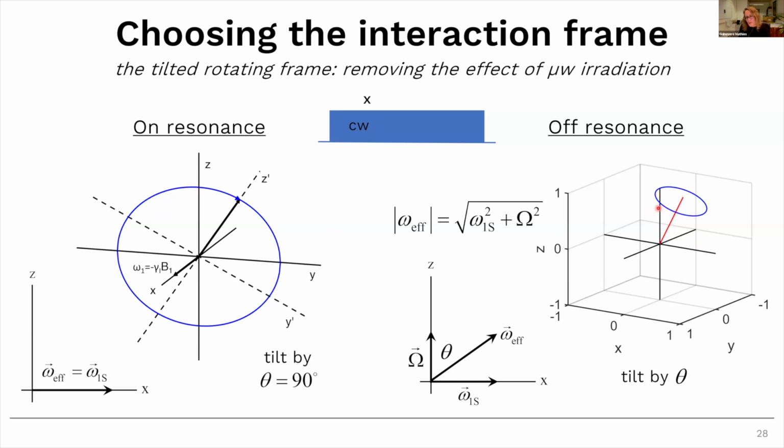And so I don't need to tilt the full 90 degrees, but just by this angle theta, to remove the effect of my off-resonance microwave radiation. Now, in our pulse sequences, the situation is a little bit more complex. We don't apply the microwave radiation continuously, but we have some pulse sequence. Nevertheless, the principle for choosing the interaction frame, and in particular the tilting, is really quite the same.